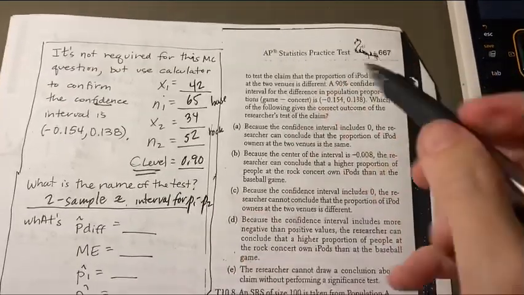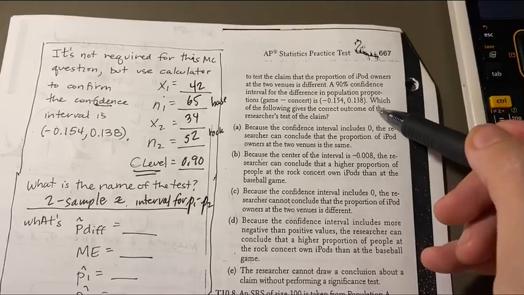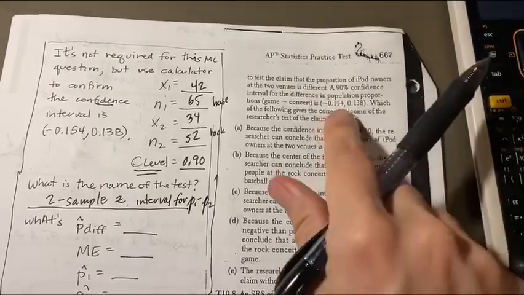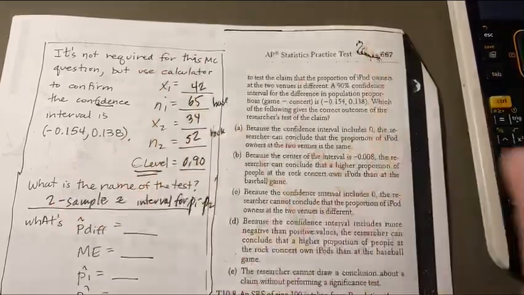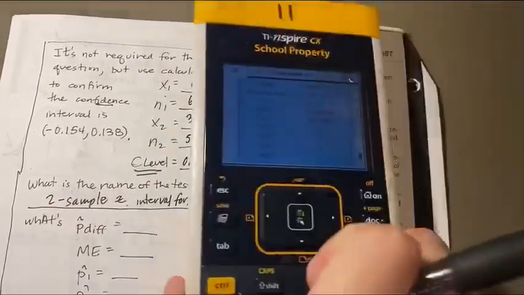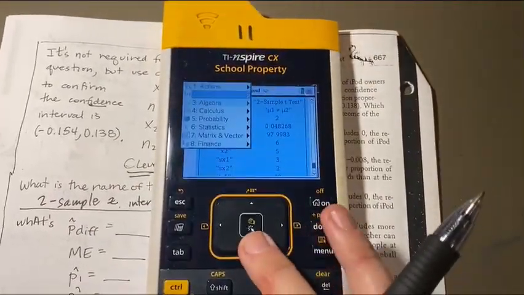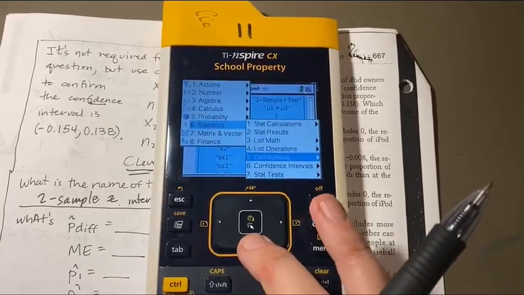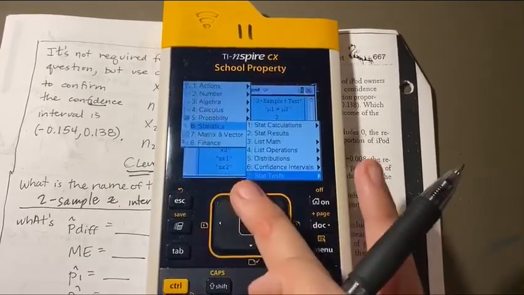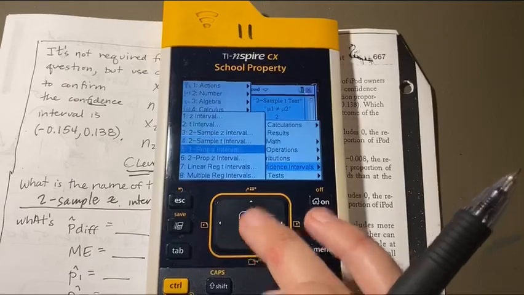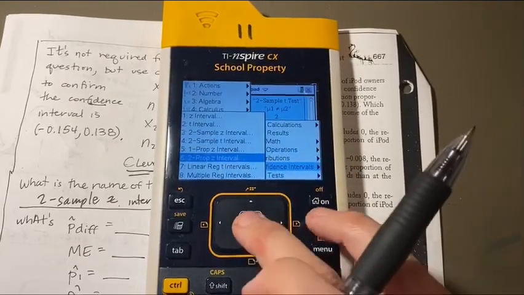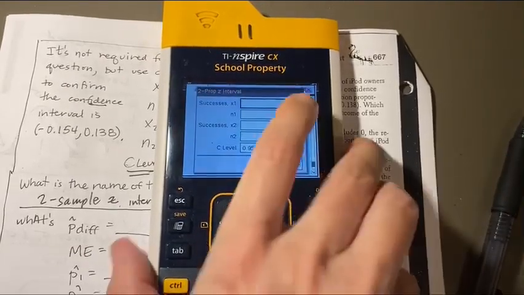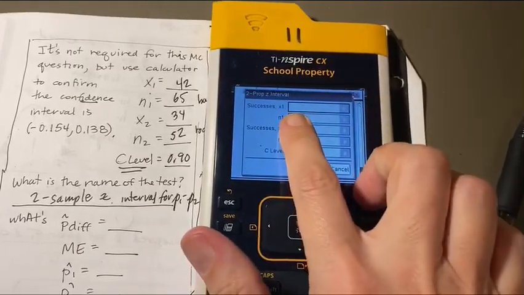What's the difference between the two population proportions? So they came up with this. It's not required for the question, but I'd like you to put it in the calculator because it's great practice. So I'm going to go stat, confidence interval, and I'm doing a 2 proportion Z because I have 2 proportions. The proportion of people at the baseball game and the one at the rock concert.